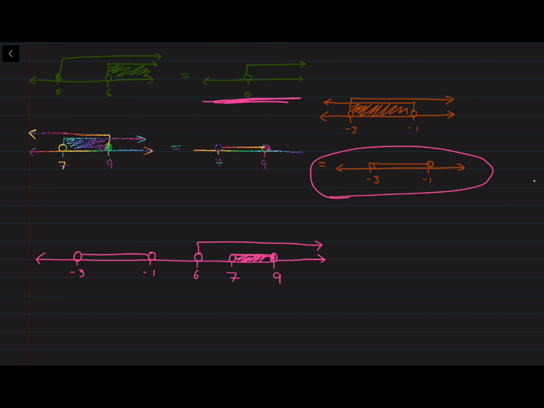However, that is incorrect. That is because we're looking for an overlap between all 3 of these intervals. That means we were looking for a region where all 3 of them overlap. So we need to have 3 lines on top of each other, like this. Maybe if we had 2 over here, then we could say that, okay, we have an overlap over here, and this is the interval we're looking at.